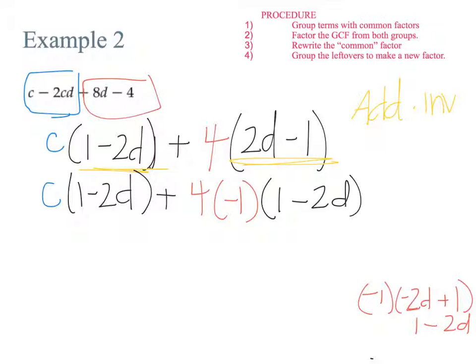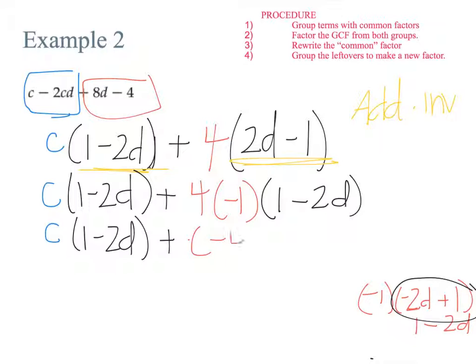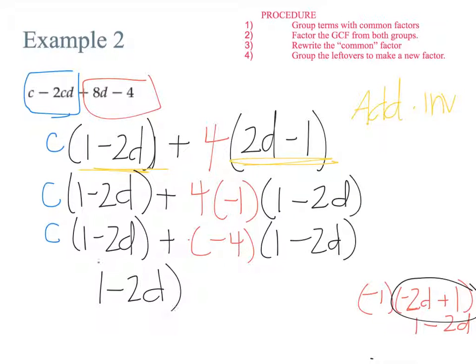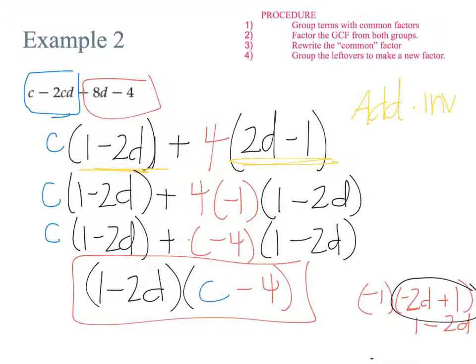I just rearranged it from here. Now I have my c times 1 minus 2d; I bring it down, I didn't touch it. My 4 times negative 1 becomes negative 4. And now I bring down my common factor of 1 minus 2d, and I rewrite my leftovers as c take away 4. And that is our final answer.